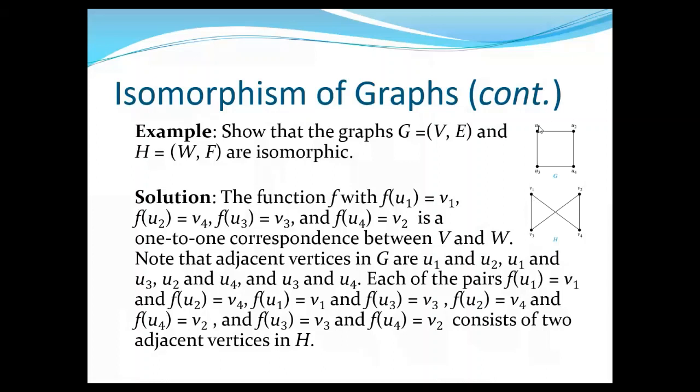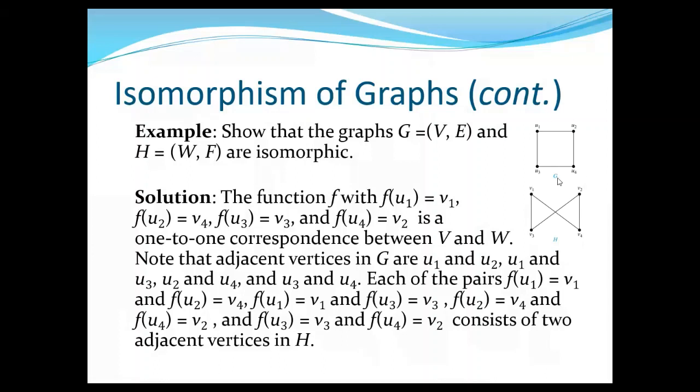So this edge is correct, because the behavior of this edge is the same as the behavior of U1 and U3. Now V3 is connected to V2, and in the first graph, U3 is connected to U4.